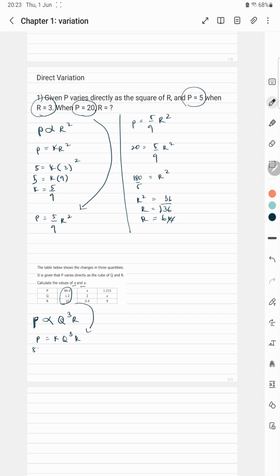So our p value is 86.4 equals k times q, which is 1.2 cubed, times r, that is 10. Now go ahead and calculate it. That is 17.28 times k.